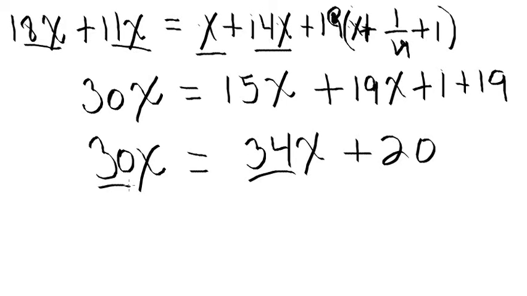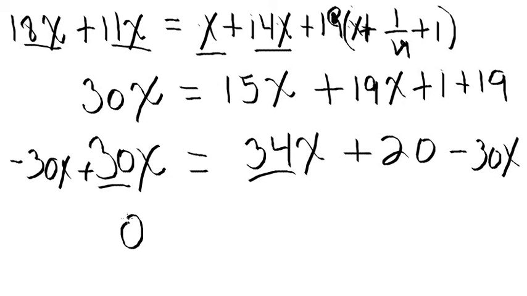Well, we're going to do something a little different. I know we've been taking everything over to the left-hand side of the equal sign, but this time we're going to take this 30 over to the right-hand side. So we're going to subtract 30x from both sides. And you'll see why we're doing that.